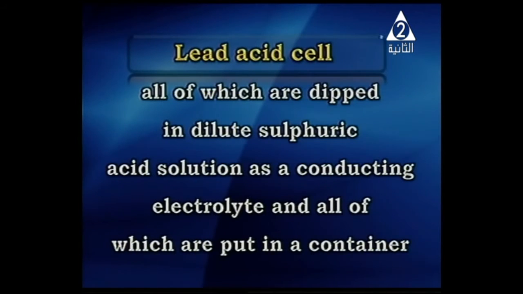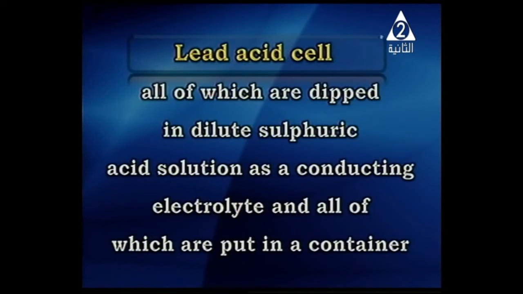In the lead acid cell, all of these are dipped in the dilute sulfuric acid solution, which is the conducting electrolyte, and all of these are put in a container made of plastic or fibers to prevent the reaction between the container and the H2SO4.